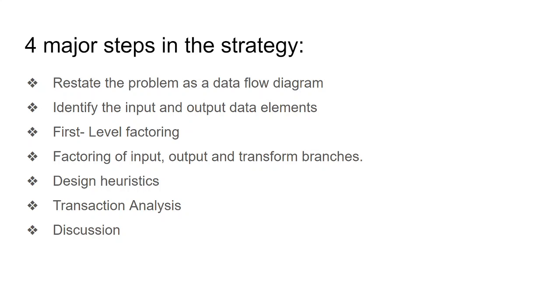What is needed is human intelligence, human reasoning, or human intervention. Okay, so all design methodologies may be the best, but they are only guidelines. Even though they are the best, they are only guidelines. What we can do is take help of these guidelines and design the system.